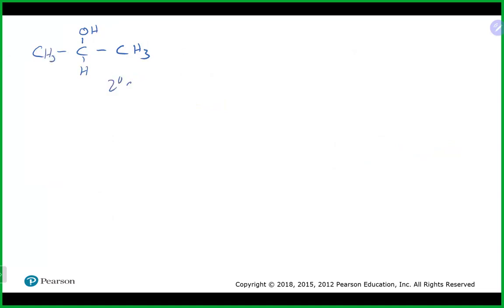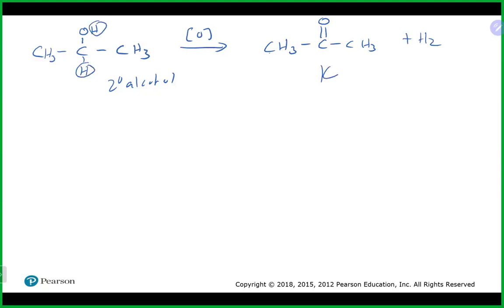And again, this is our secondary alcohol, which gave us our ketone when we oxidized it, and our hydrogen came off. And again, these two hydrogens, just like we talked about earlier, you could also do the opposite reaction, which is the reduction, and get back your alcohol.